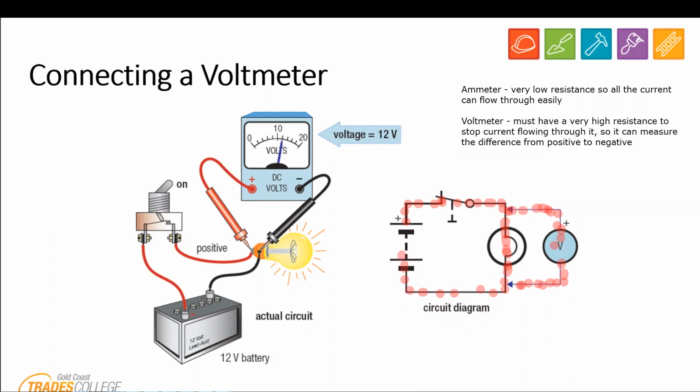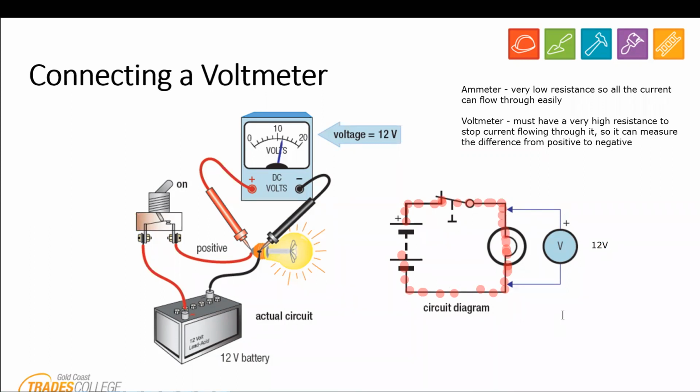All right, so ideally what we want is for it to look like that, but with those bits back. So the current in the circuit goes through, we test the voltage, our voltmeter will read 12 volts, and then it doesn't interrupt the circuit.